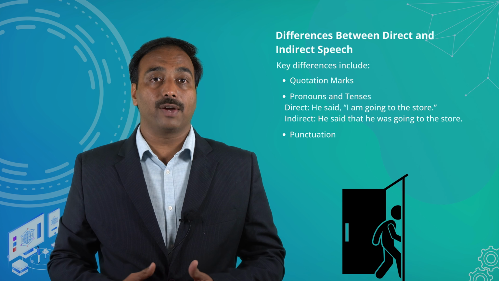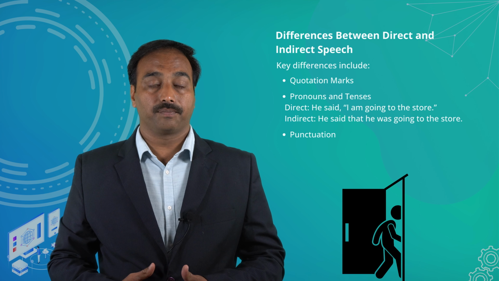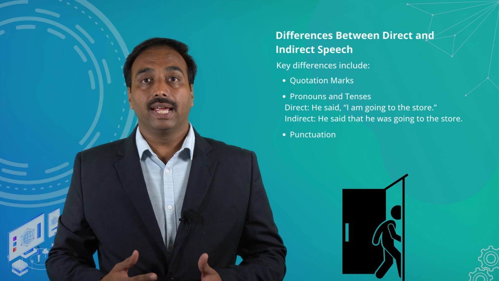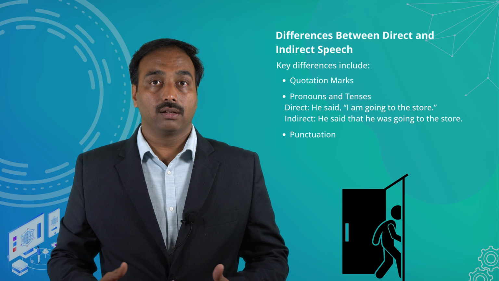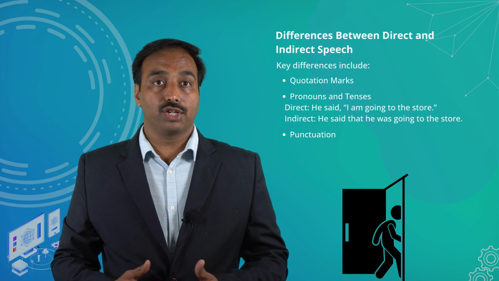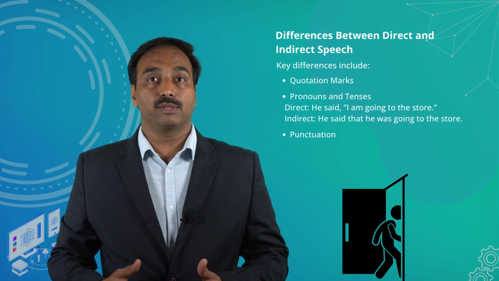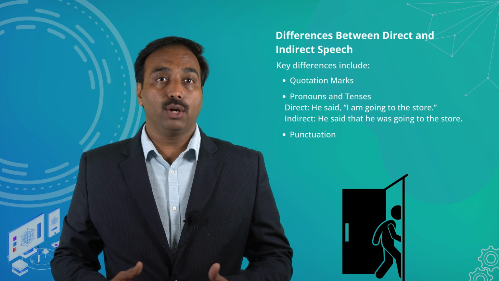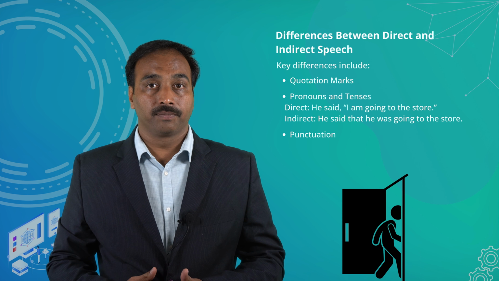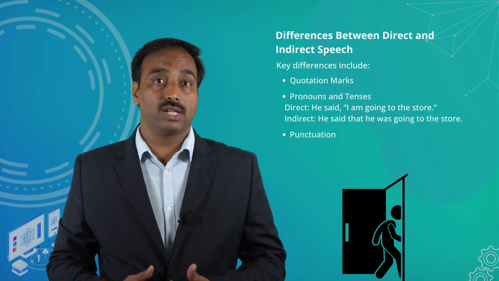Indirect speech often requires changes in pronouns and verb tenses to fit the context of the reporting sentence. For example, he said, "I am going to the store." He said that he was going to the store is in indirect speech. Punctuation. Direct speech follows specific punctuation rules with quotation marks, while indirect speech integrates the reported clause into the sentence without special punctuation. Understanding these differences is essential for accurately conveying spoken words in writing.